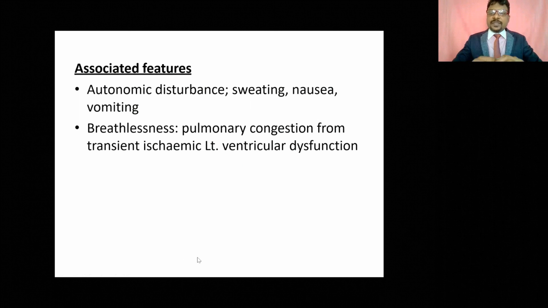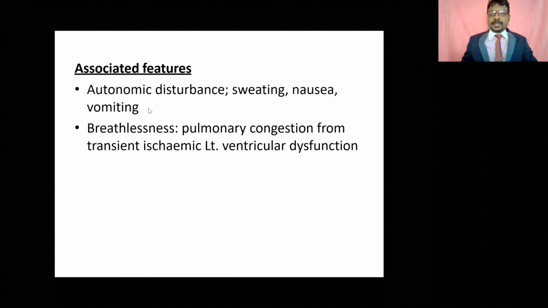Now the associated features. As we just discussed, if anybody has cardiac-related chest pain, the associated symptoms are disturbances of the autonomic nervous system. Because of autonomic involvement, they get sweating, vomiting and nausea. Nausea means the vomiting sensation. Some people may get the vomiting sensation, and some may actually vomit.